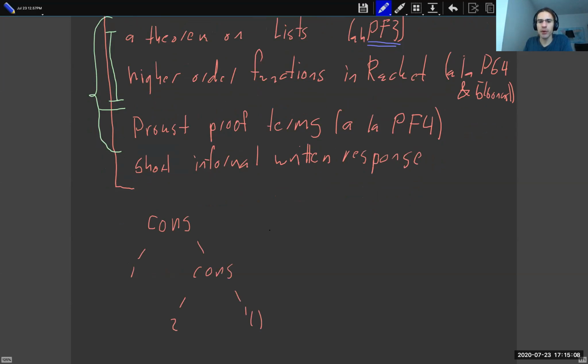Then if you think about what foldr does to that, foldr roughly replaces the conses in your original list with the plus, and the empty list with 0.